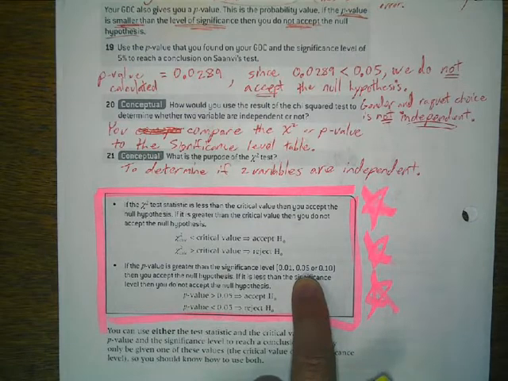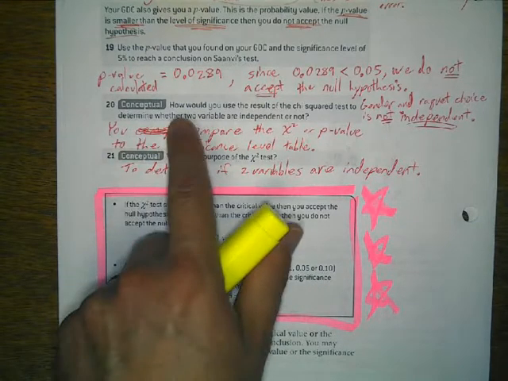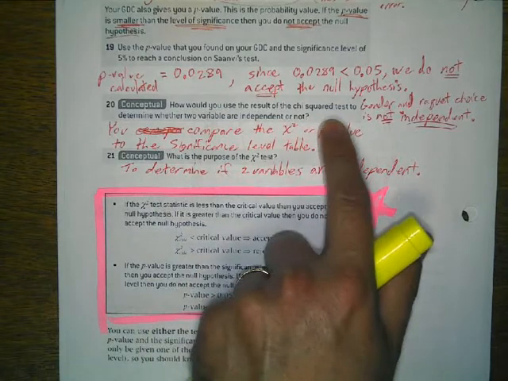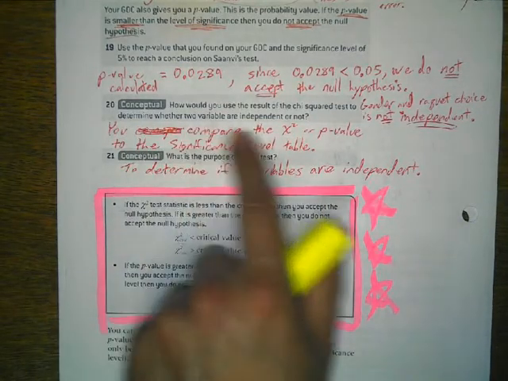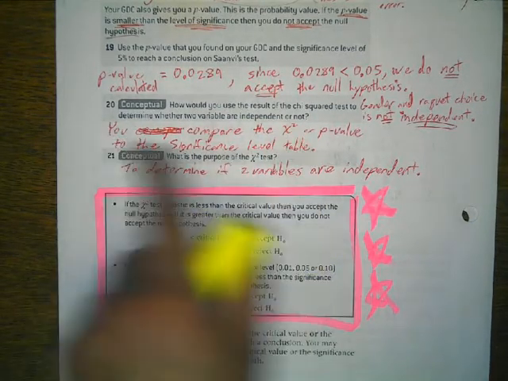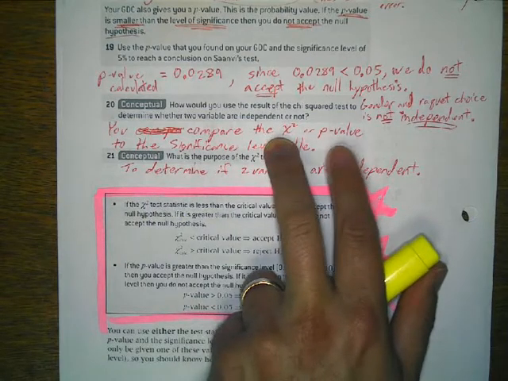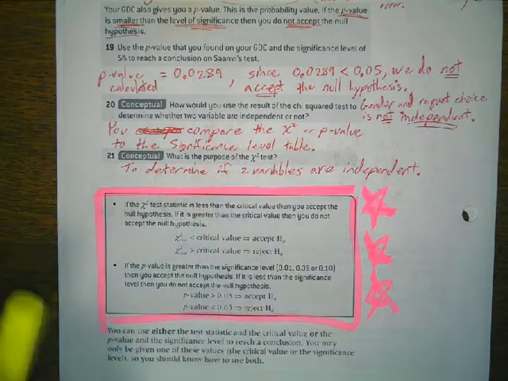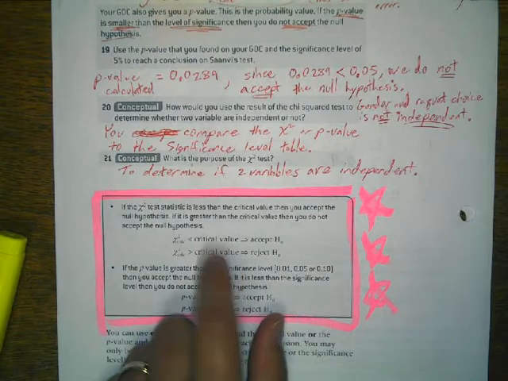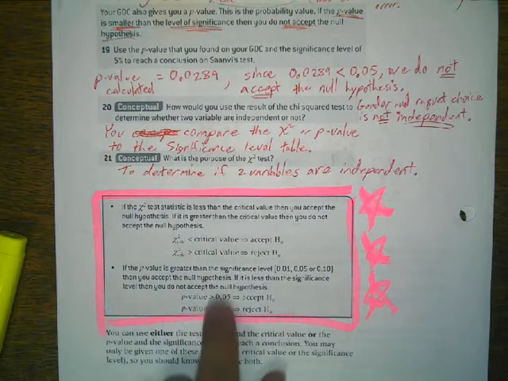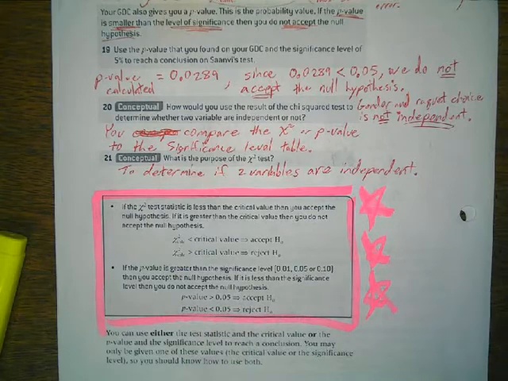Okay, so how would you use the results of the chi-squared to determine whether the two variables are independent? So you compare the chi-squared or the p-values to the significance level. So comparing it to the critical value or comparing it to the percentage for the p-values. Okay.